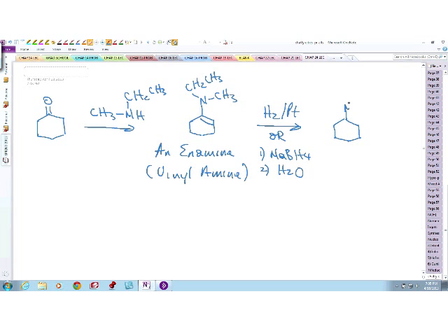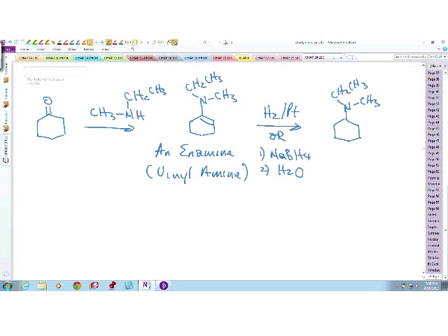In this case, you form a tertiary amine. Now that we are actually talking about enamine, I do want to also show you another aspect of the enamine.